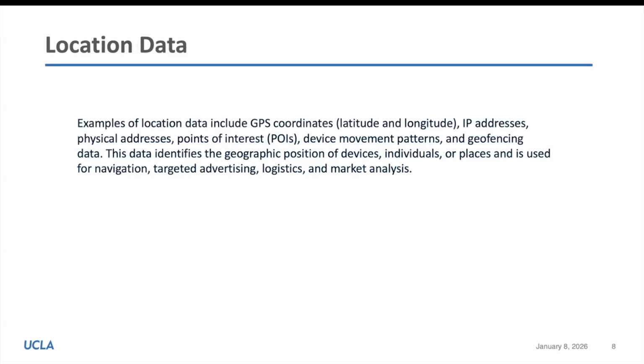And one last category of information I wanted to mention that could be considered an identifier is location data. So if you're collecting information for your research that involves latitude and longitude, IP addresses, physical addresses, or points of interest, you could be gathering information that could identify an individual.